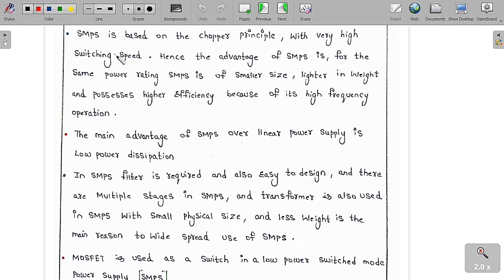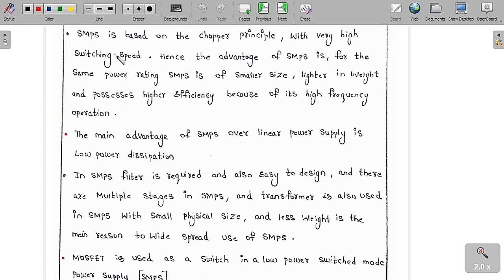SMPS is based on the chopper principle, which means it uses a chopper circuit with a very high switching speed. Hence, the advantage of SMPS is that for the same power rating, SMPS is of smaller size, lighter in weight, and possesses higher efficiency because of its high frequency operation.